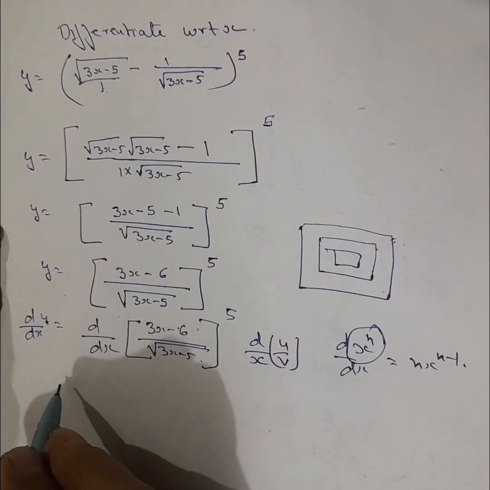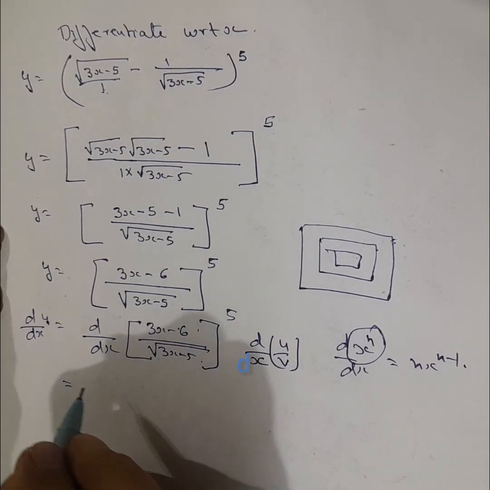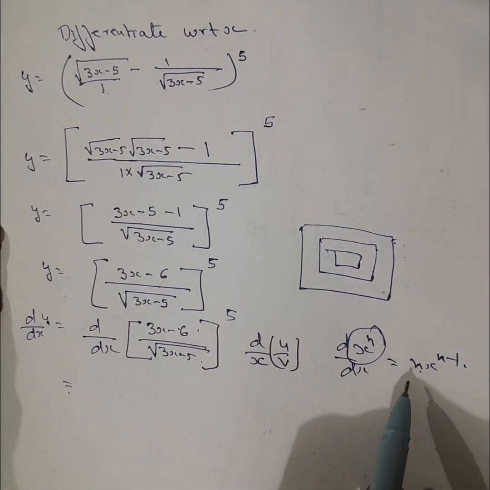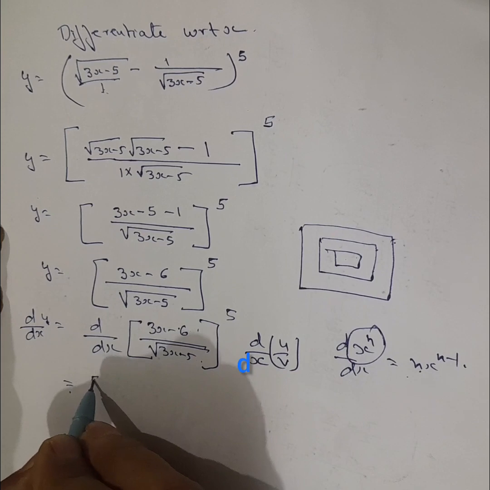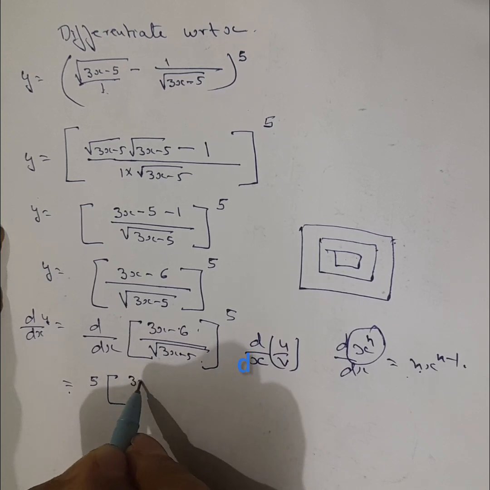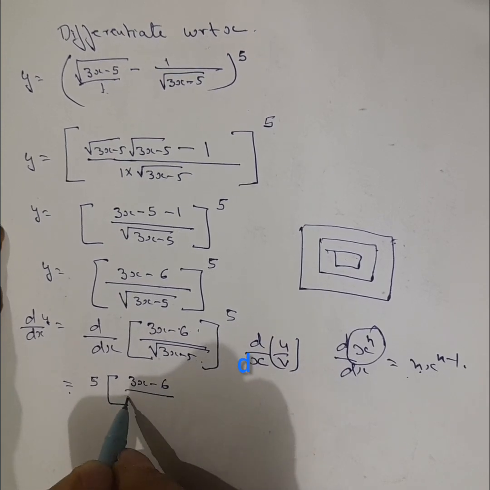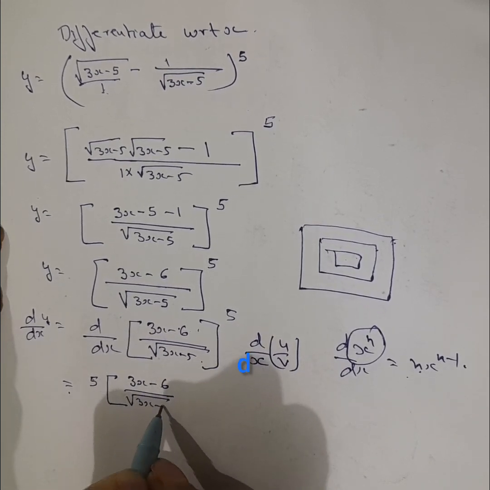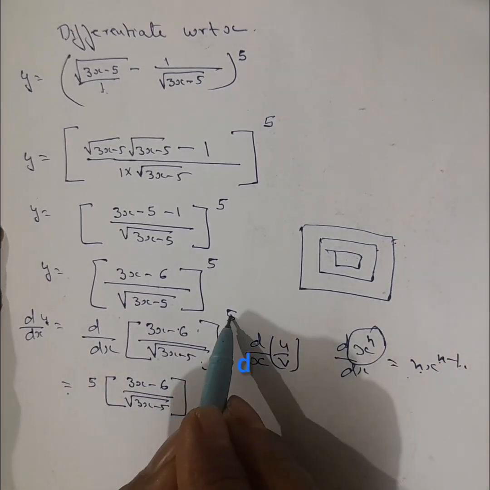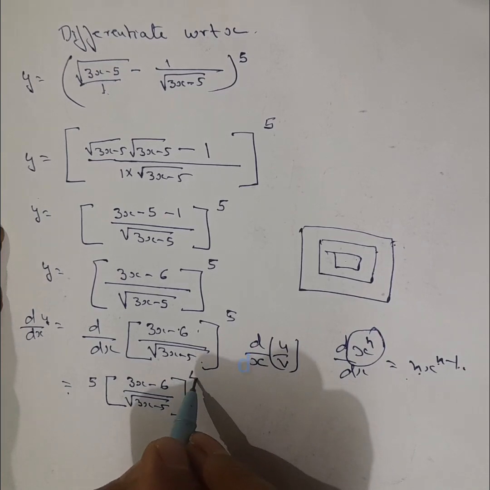So what we end up with is 5, this n is 5. So we have 5 over here, and then x, this is our x. So we write here 3x minus 6 upon root of 3x minus 5, close the bracket, and it is n minus 1, so 5 minus 1, so this becomes 4.